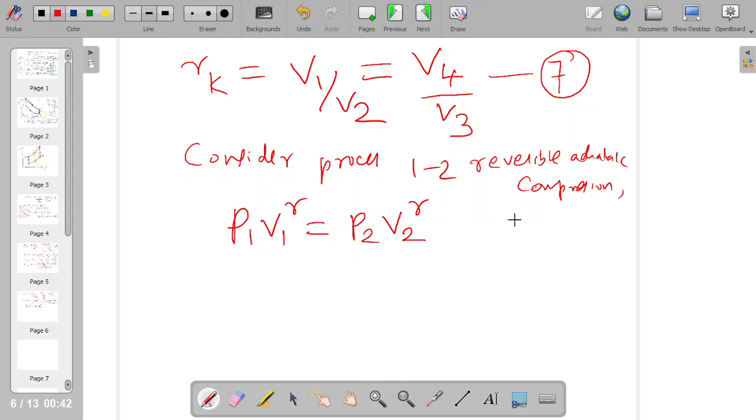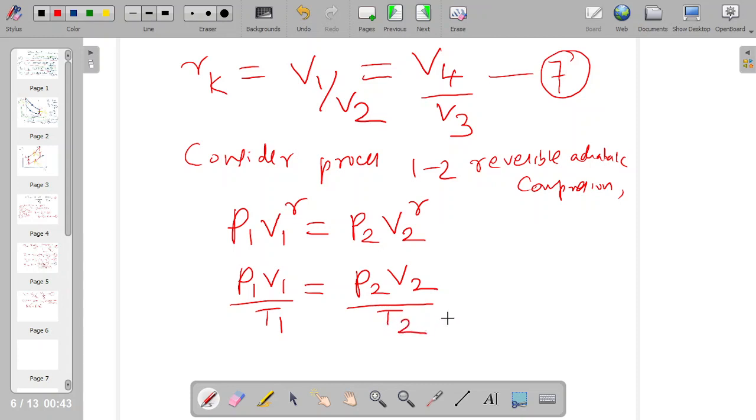And we have one more equation. Because in this air standard efficiency we are considering air as an ideal gas, a perfect ideal gas, PV by T is a constant. The ideal gas equation is PV equal to MRT, or PV by T is a constant, or in terms of 1 and 2 we can write it as P1 V1 by T1 is equal to P2 V2 by T2.